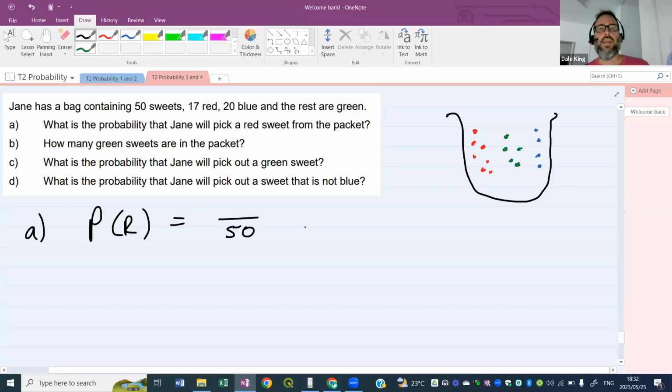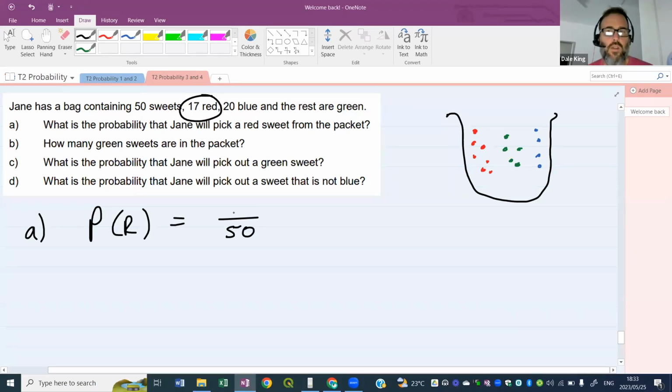Now, who can tell me what is the probability that Jane will pick a red one? What's the probability that Jane's going to get a red one? Well, how many red ones are there? Yes. There are 17 red ones. Up there in the question, 50 sweets and 17 are red.